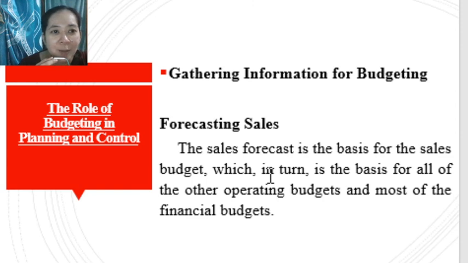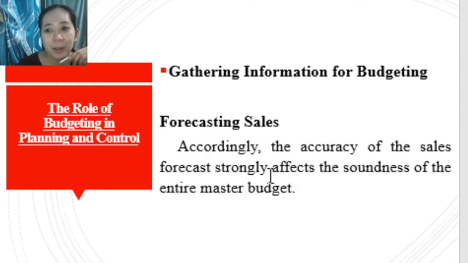This is where the activities of the organization are reflected. There you can see the revenues, the costs, and the different activities, as well as the production that will be planned to be done in the future. That's why this will be our starting point in making the budget.